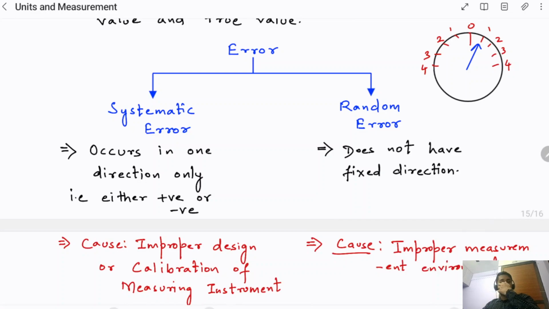If there is any sudden fluctuation in the measurement environment, like fluctuation in experimental conditions such as change in pressure, temperature, humidity, these things can lead to random error. Or you can write the cause as fluctuations in experimental conditions.